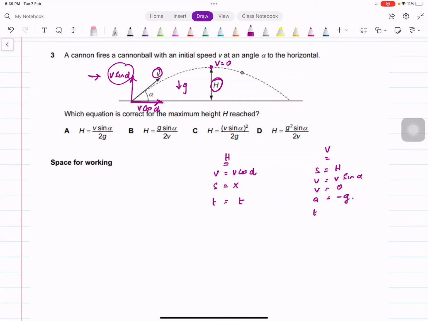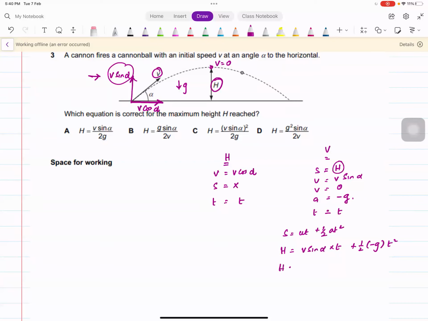All right. So first of all, if I want to do it correctly, obviously I need to include h. So I'm going to use s equals ut plus half at squared because I do not have final velocity. And s is h. This is v sine of alpha times t plus half minus g and t squared.